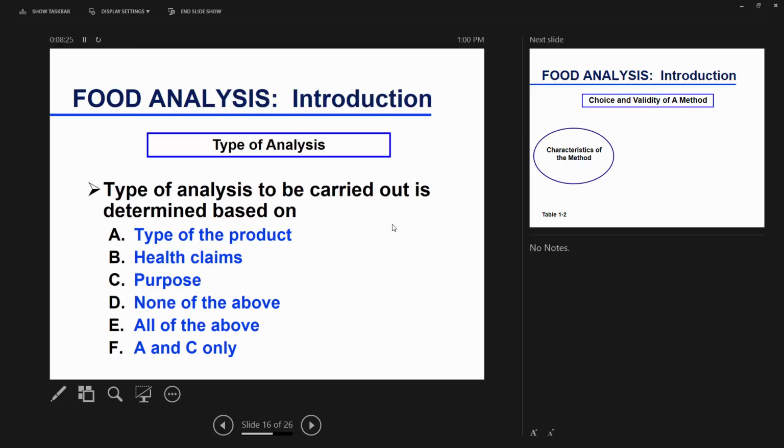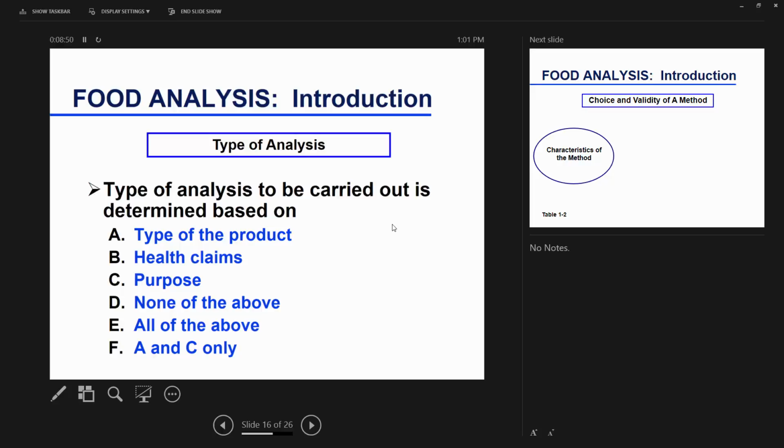So basically, let's say somebody did not like B. Why? You're making a claim that you have high calcium, or low sodium. You need to make sure that you're meeting that claim. If you're saying that it's 30% less fat, you have to make sure that your product is 30% less fat.